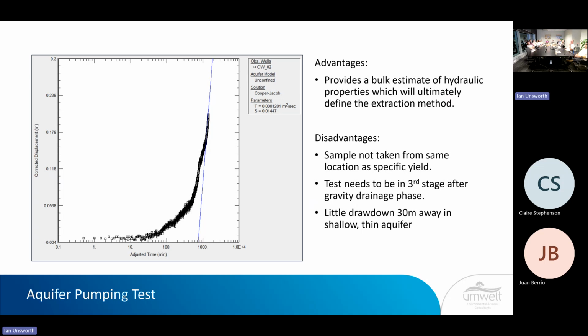We've got a 1.5%. S in this case would equate to specific yield. But I don't think that was a successful test. Obviously hydraulic conductivity is fine, but I don't think it gave us a very good indication of specific yield.